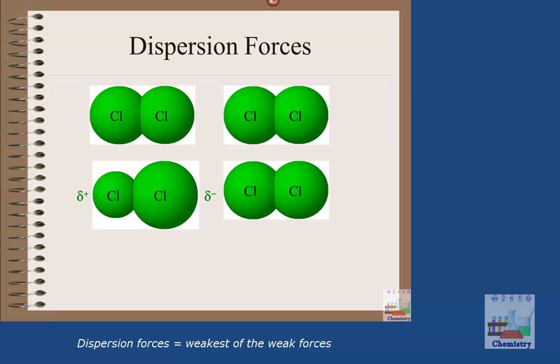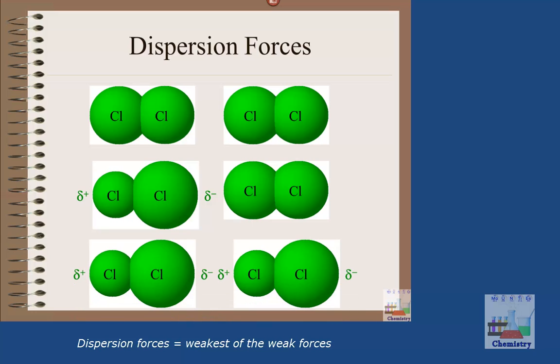If in that same instant that alignment occurs and we have the temporary dipole, it's close enough to another chlorine nonpolar molecule, it can then induce that second chlorine molecule to become a dipole as well. And in that instant, you've got two dipoles, temporary as they may be, they're still dipoles. And in that instant, you can get that very weak attraction that's occurring between the partial negative and partial positive ends.